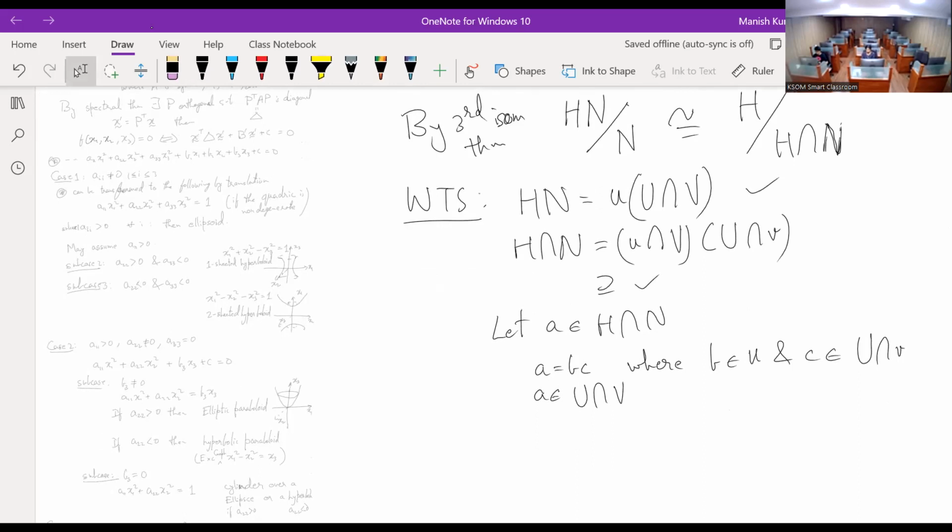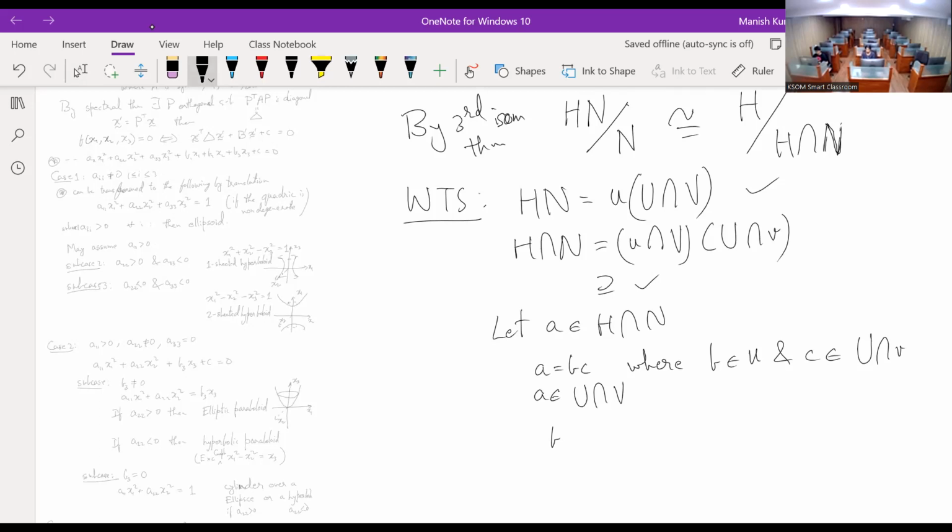C already is in there, since C is in capital U intersection V. So all I have to do is show that B is in little u intersection capital V. Then we are good. So let's look at what B is.